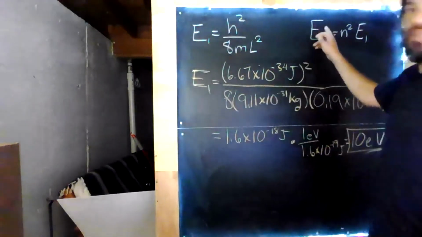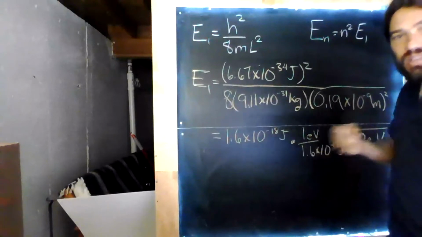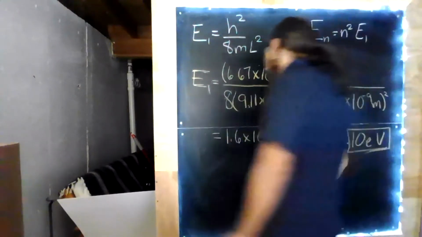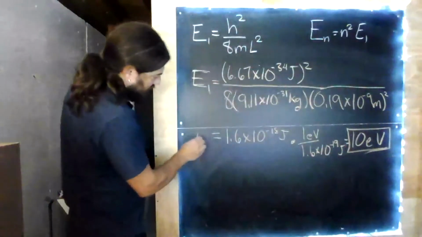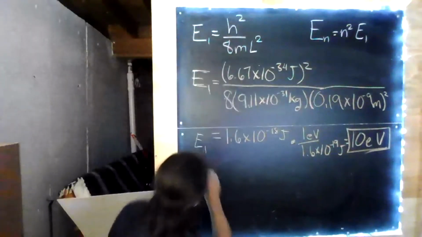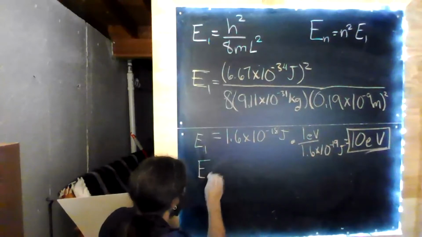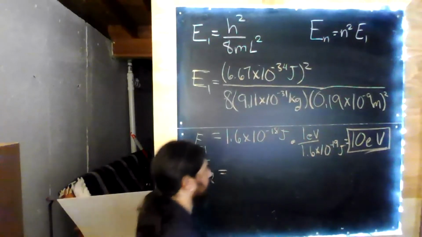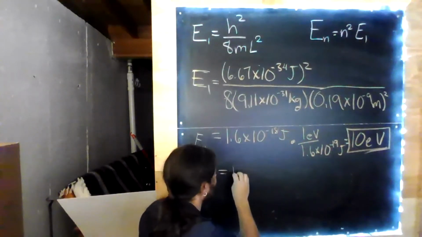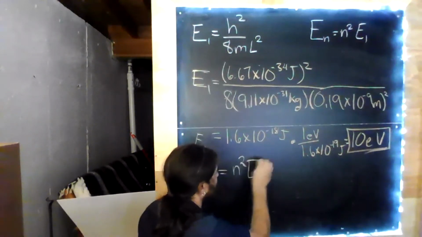Well, we can use this equation right here to calculate our next two energy levels. So this is E1. E2 equals n squared times E1.